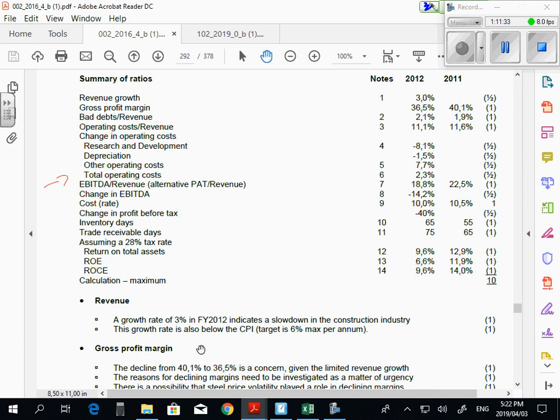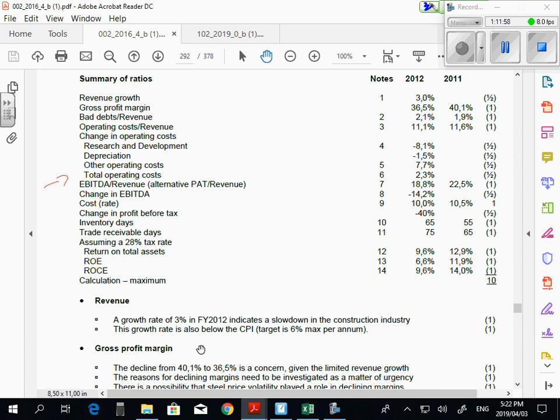So naturally, you would expect your depreciation to get a little bit bigger each year if you're maintaining the same capacity. Does everybody understand? You'd never ever expect it to go down, because that means that an asset's got to the end of its useful life. It's no longer being depreciated, but you're still using it.